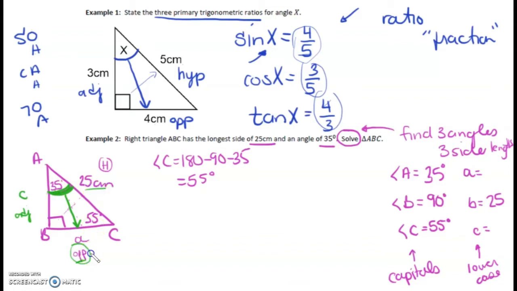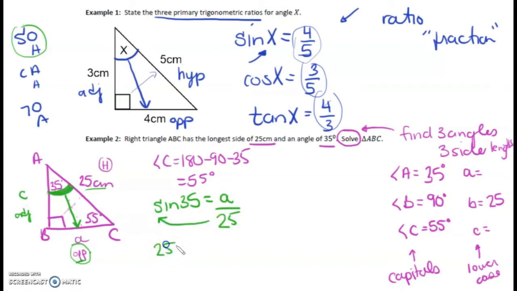In order to solve for opposite, I have to choose the trig ratio that has opposite and hypotenuse in it, which is sine. So we're going to go sine 35. Remember, sine, cos, and tan always have to be beside an angle. Okay, equals opposite, which is A, over hypotenuse, which is 25. Okay, we're going to cross multiply.